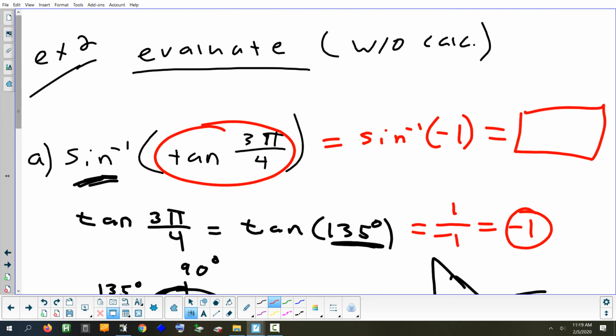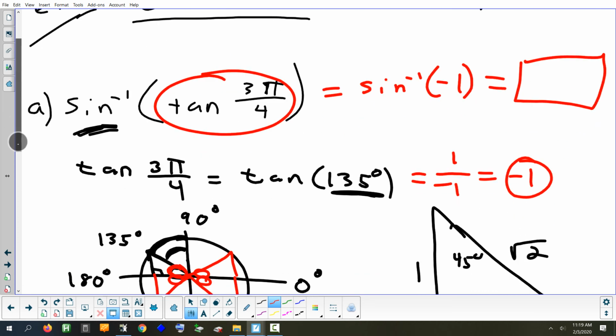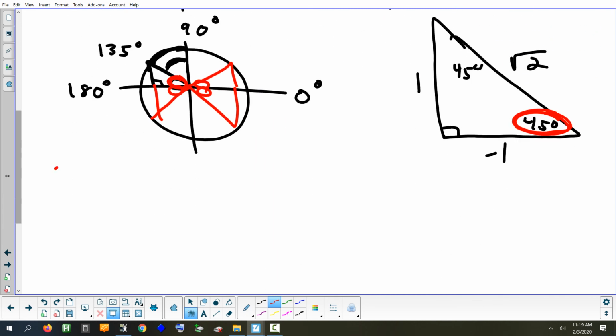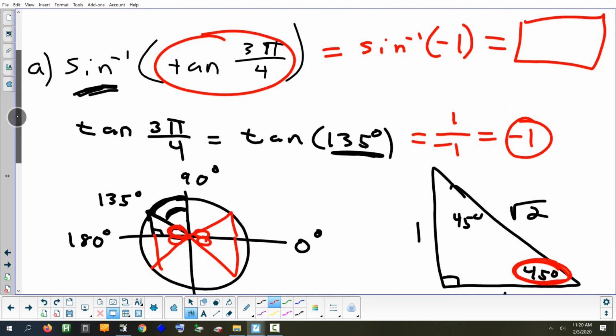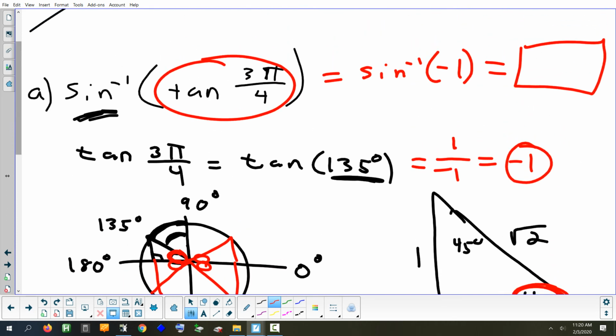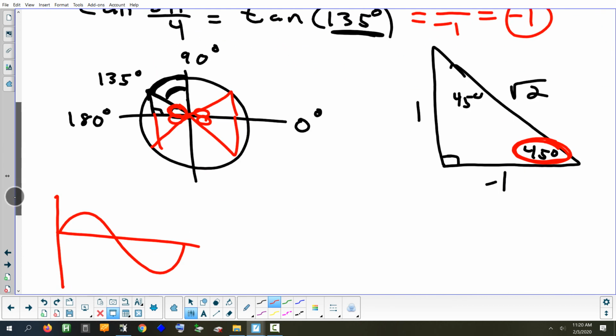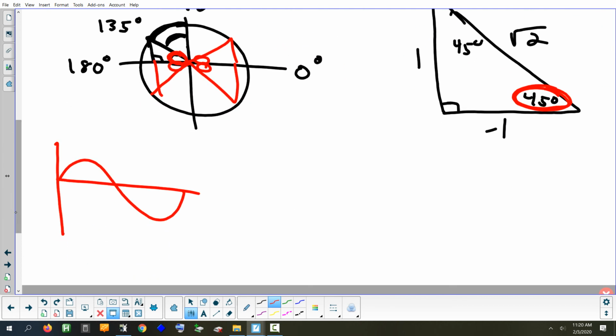The reason you can do it as a -1 is because think of the graph of sine. It looks like this. Inverse sine of -1. What that really means is where on this graph do you hit -1? Well, what's the highest that this graph goes?